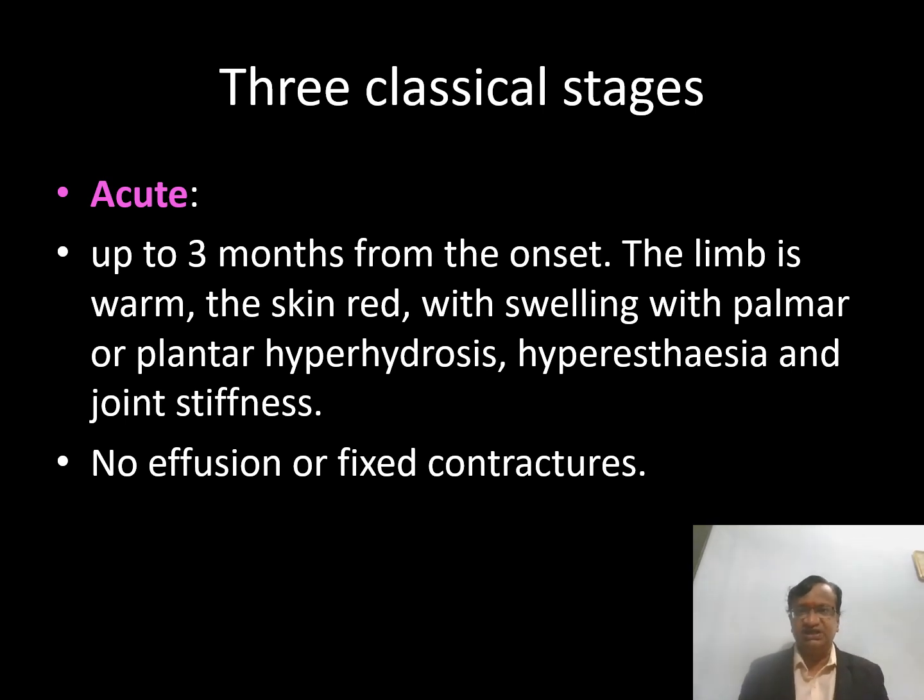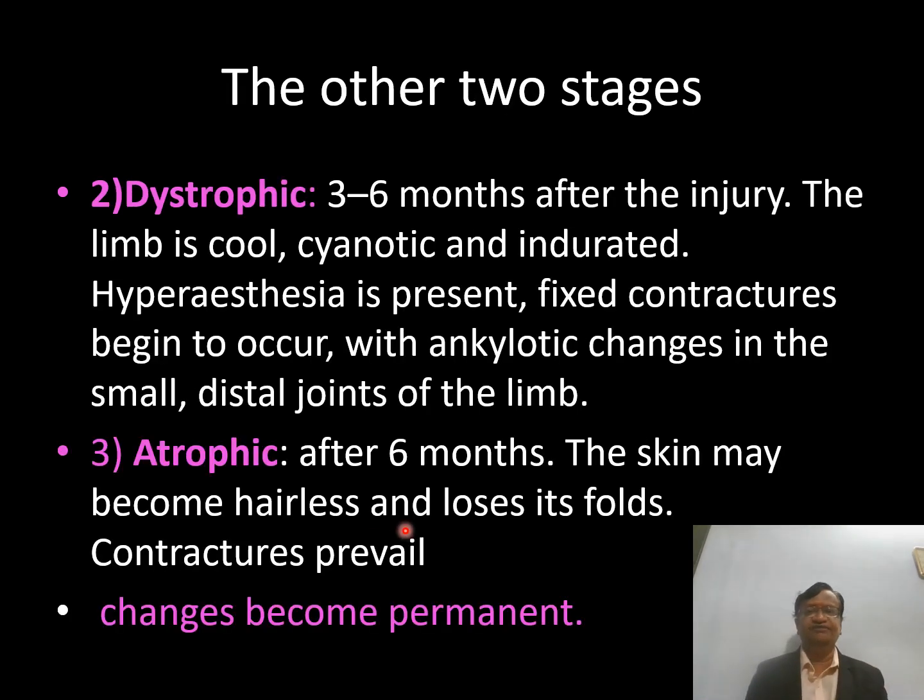Up to 3 months, there may be swelling, there may be sweating, joint stiffness is mild, but no effusion, no fixed contractures. Then the dystrophic stage: the limb becomes cool, slightly bluish, and the fixed contractures are starting to happen. Atrophic stage, after 6 months: the skin loses its folds, becomes hairless, and changes become permanent. So from atrophic, it is very difficult to come back to the original, and functional outcome is gone.